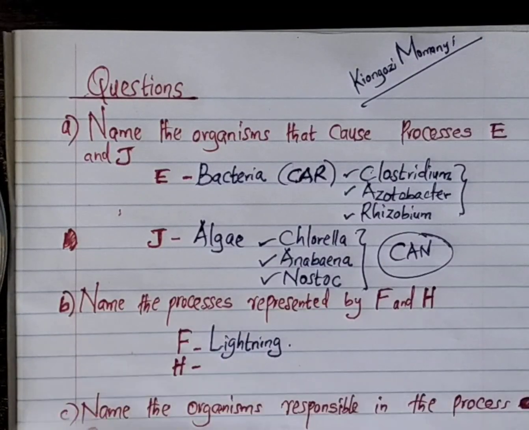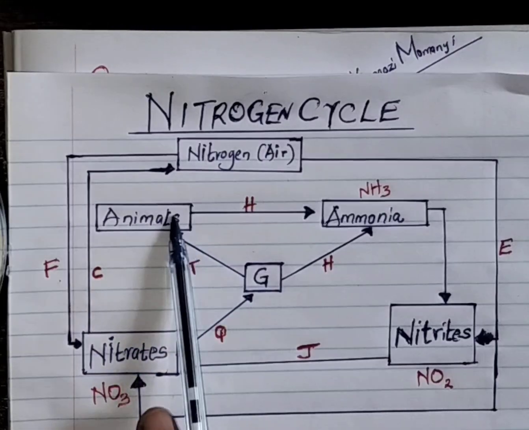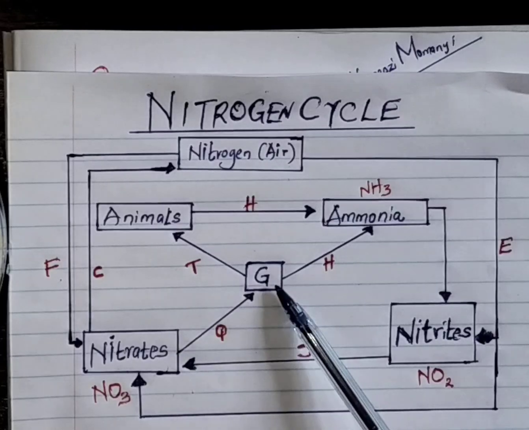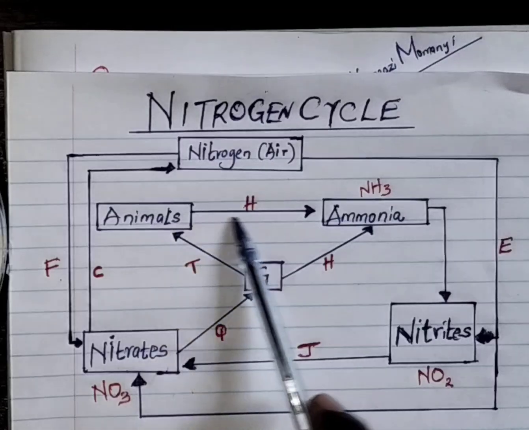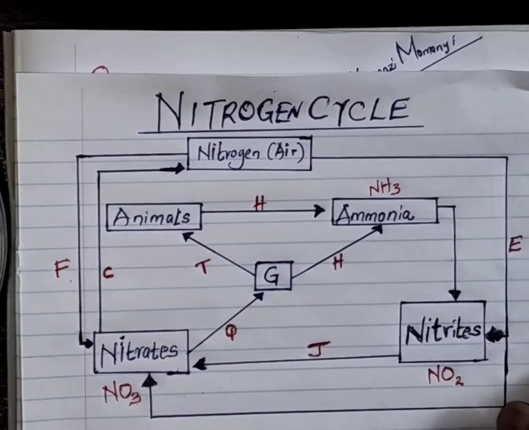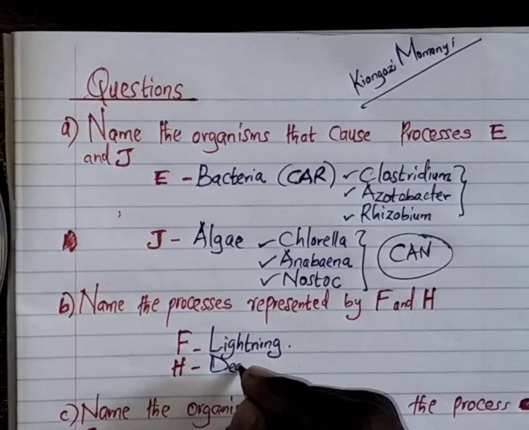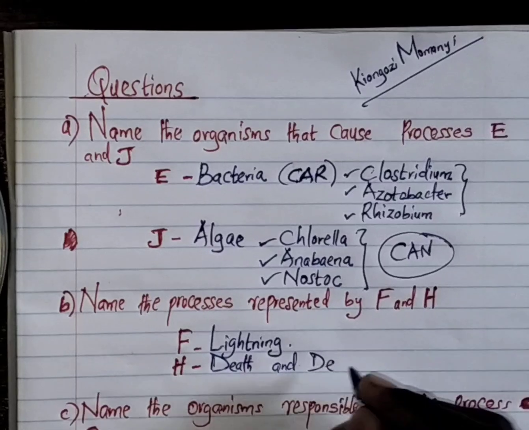What about H? H is here. The process where animals form ammonia, and you see that process is the same here, G to ammonia, animals to ammonia. The process is called death and decomposition.